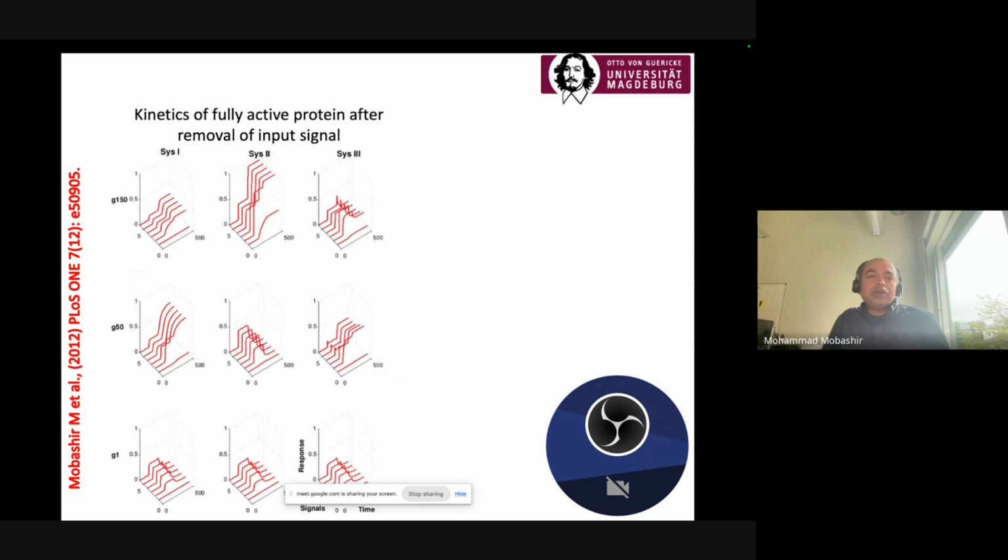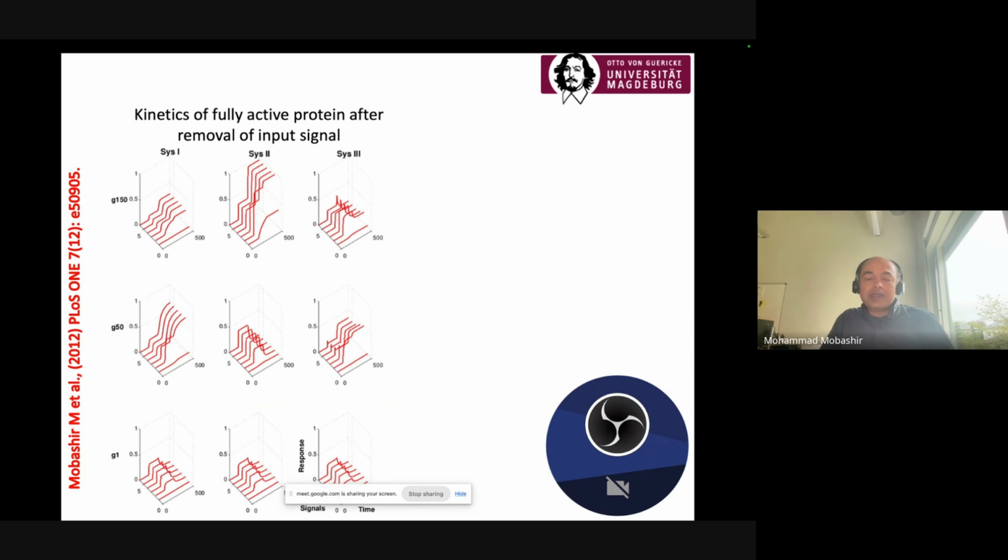Next is how the kinetics of fully active proteins change after removal of the input signal. Here we can see the time points are up to 500, and I think we have removed the input signal after 200 time points.